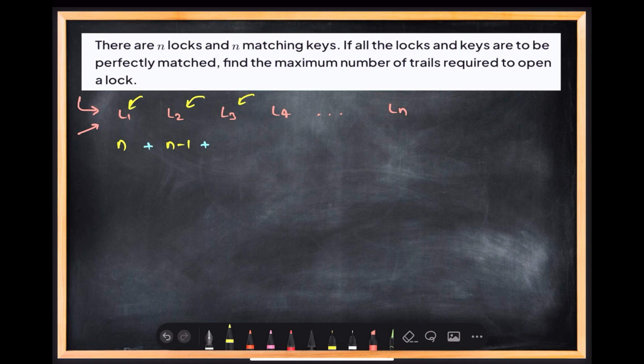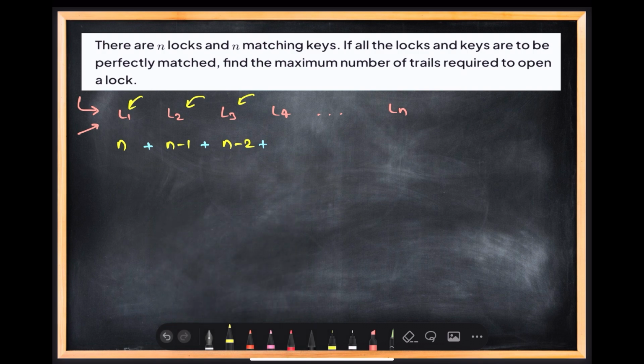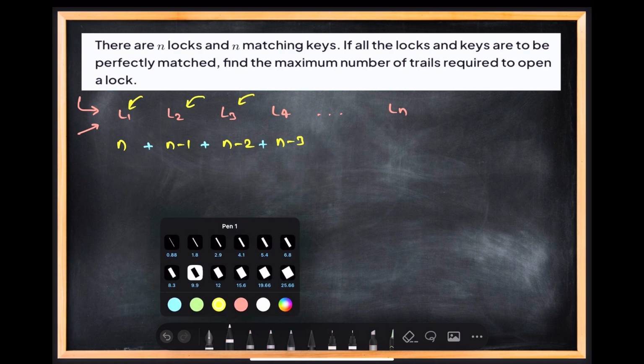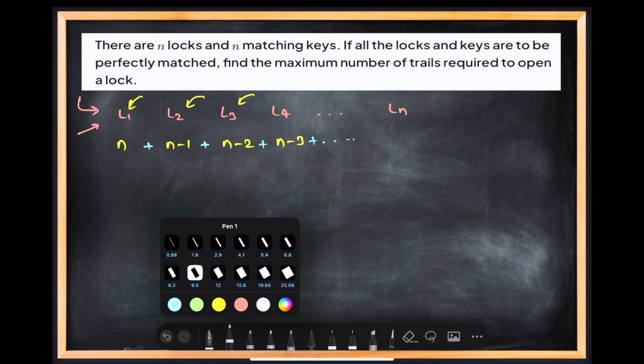In the case of L3, in our bunch there are n minus 2 keys, so we will make sure that it opens at the last trial. Similarly for L4 we will have 3 fewer keys, so n minus 3, and we'll keep on doing this.